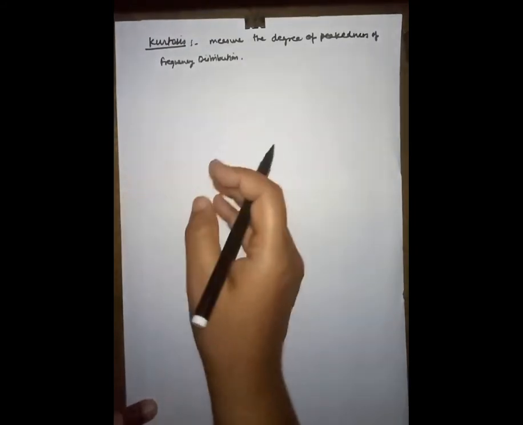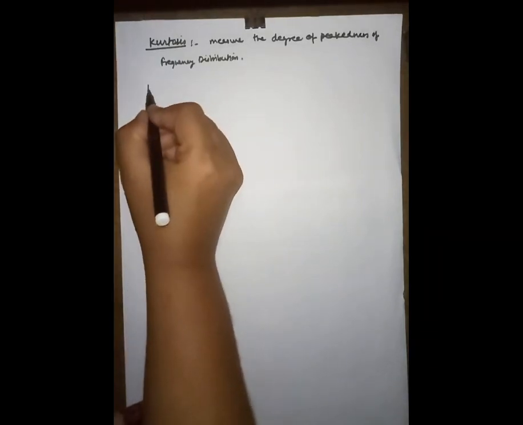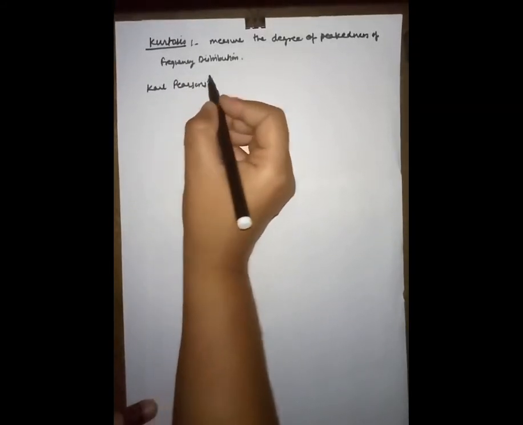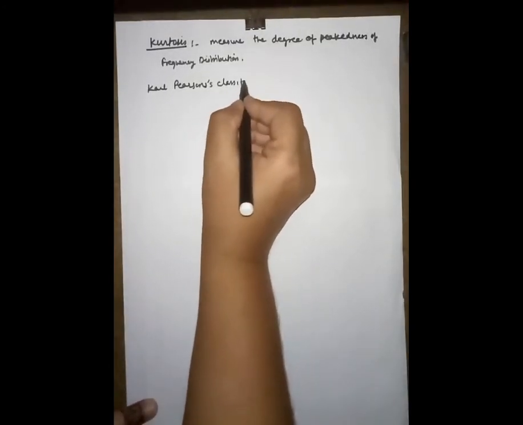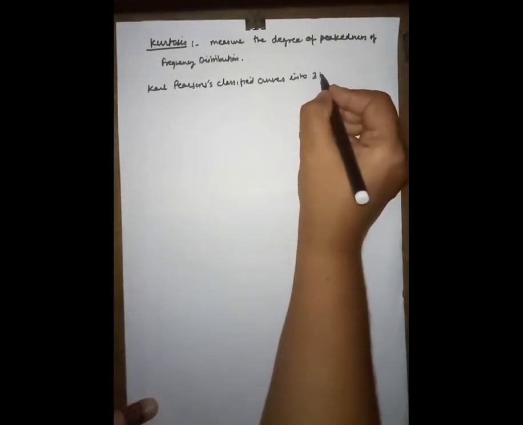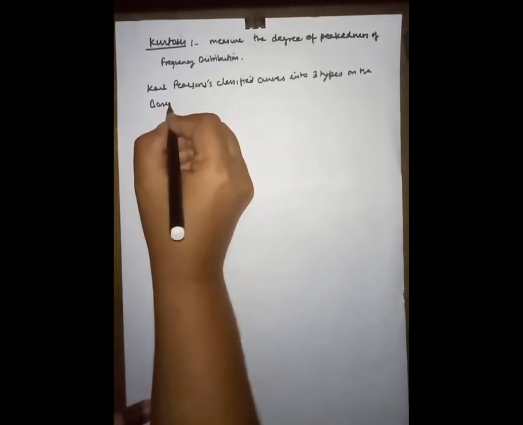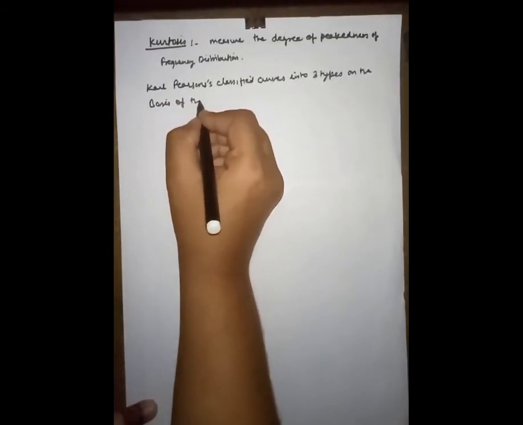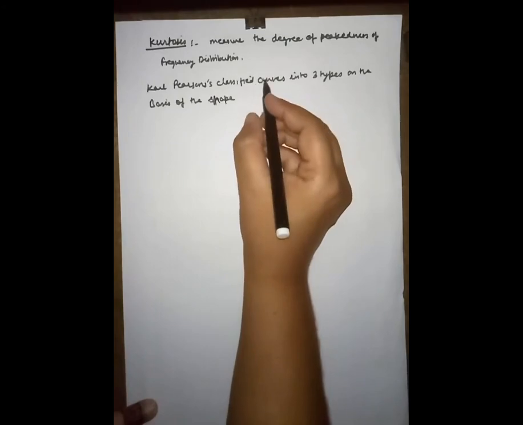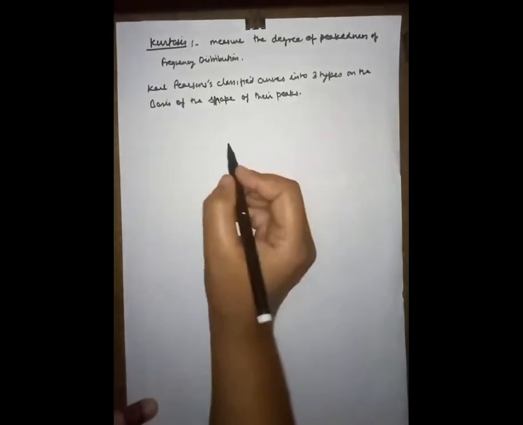Karl Pearson classified curves into 3 types on the basis of the shape of their peaks, right?